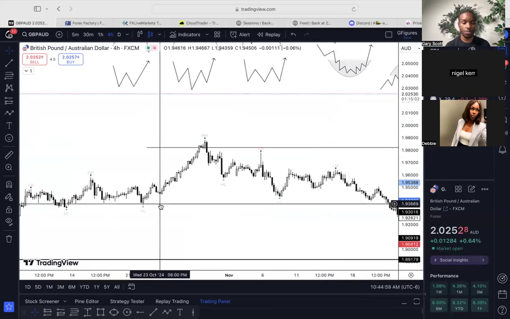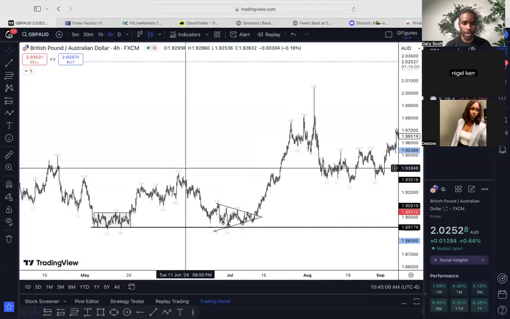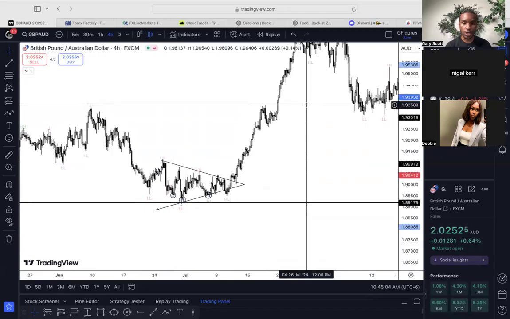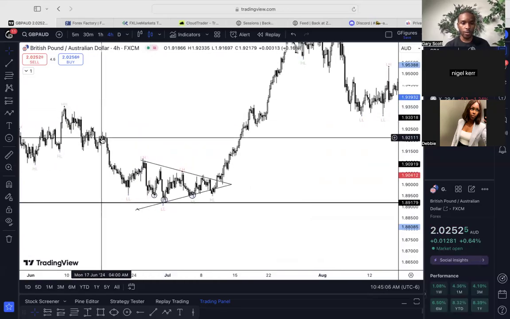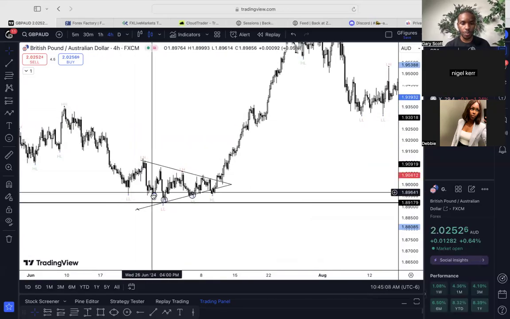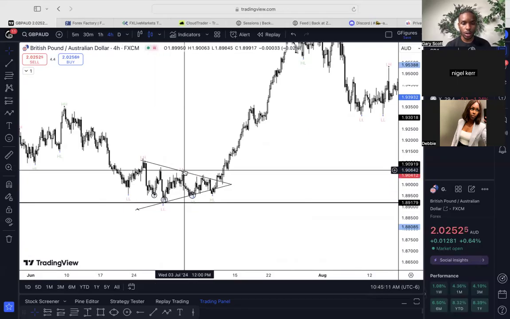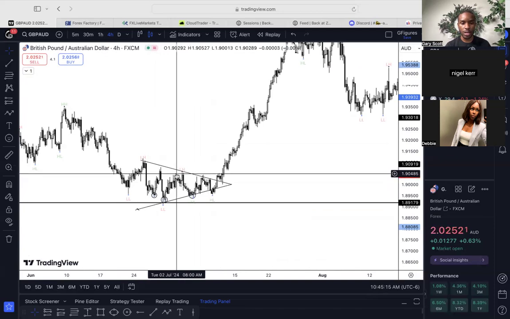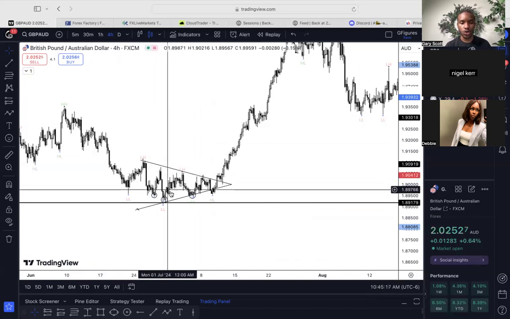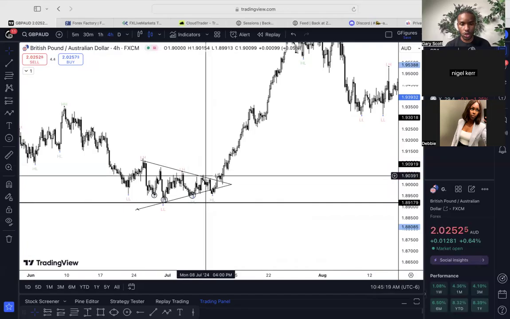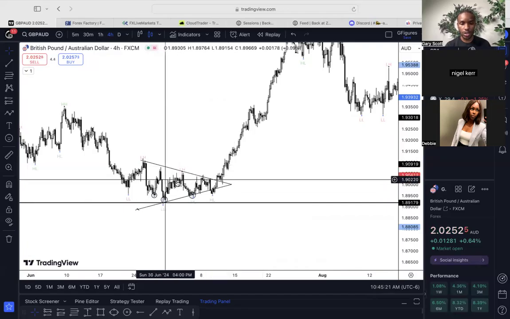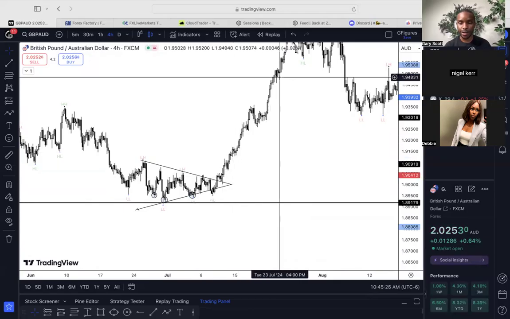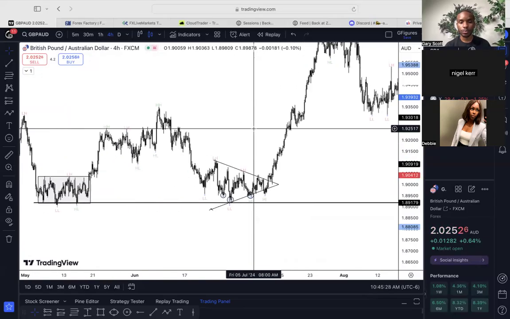It looks very similar to that pattern right there, which is our symmetrical triangle. Remember, it's flowing from a downtrend, making lower highs and lower lows. And then what eventually happens to price? It transitioned and broke structure to the upside, took out lower highs to let you know that price wants to continue to head higher.